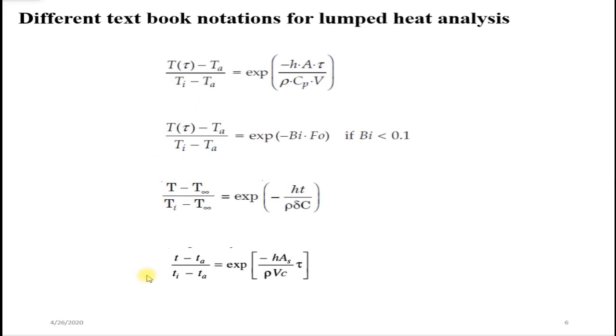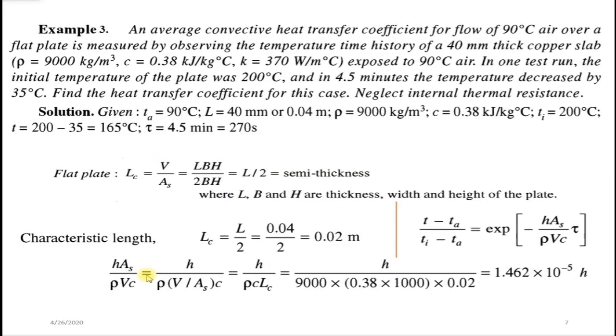Okay. Now we will solve the third problem. Two problems were already solved in the last session. Now coming to the third example. An average convective heat transfer coefficient for flow of 90 degrees Celsius air over a flat plate is measured by observing the temperature time history of a 40 mm thick copper slab, density 9000 kg per meter cube, specific heat 0.38 kilojoule per kg Celsius, thermal conductivity 370 watt per meter degree Celsius, exposed to 90 degree Celsius air.